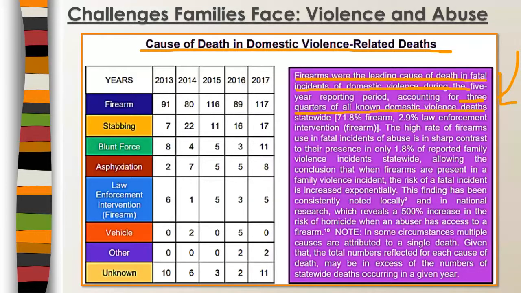The high rate of firearms use in fatal incidents of abuse is in sharp contrast to their presence in only 1.8% of reported family violence incidents statewide, allowing the conclusion that when firearms are present in a family violence incident, the risk of a fatal incident is increased exponentially. This finding has been consistently noted locally and in national research, which reveals a 500% increase in the risk of homicide when an abuser has access to a firearm.